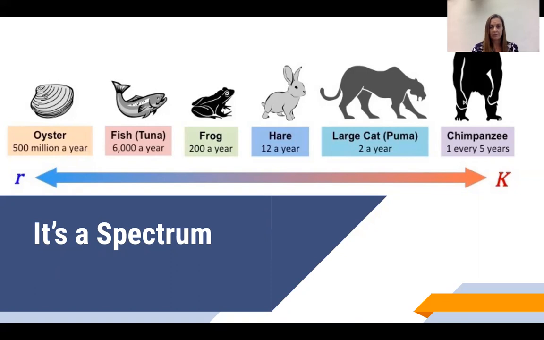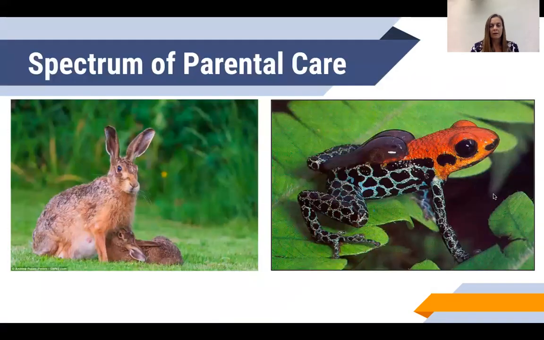So we have a spectrum from zero parental care and millions of eggs a year to parental care all the way to adulthood and very few offspring. So again, mammals are frequently offered as examples of K-selected species, but the rabbit is kind of in the middle. It has a lot of offspring.